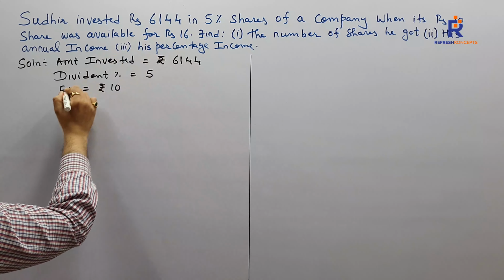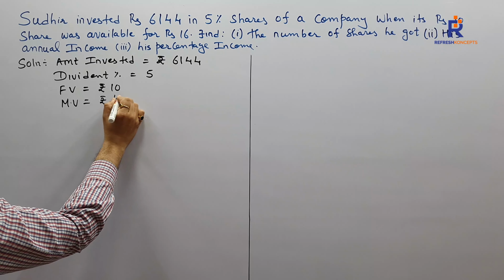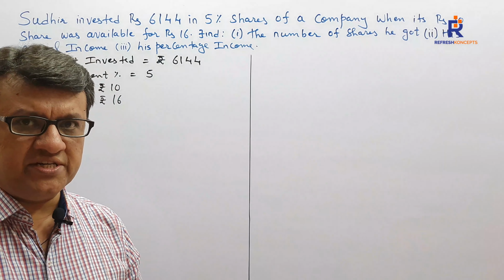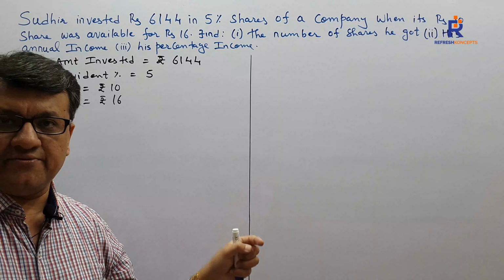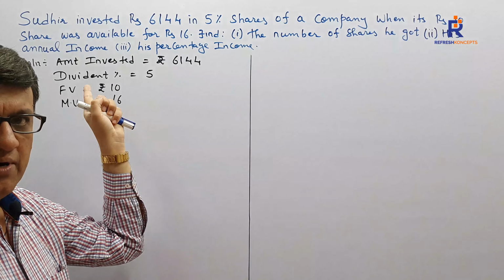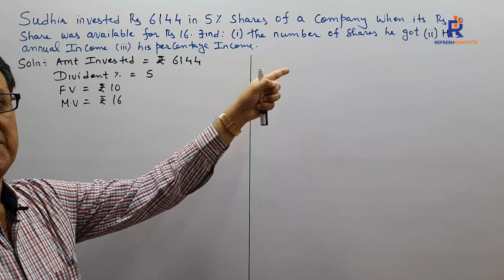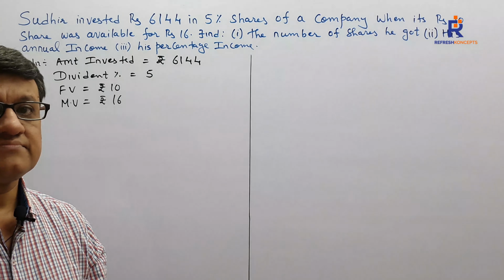Was available for rupees 16, so market value is rupees 16. Are you getting me, children? This is how we try to gauge what the language is trying to say. 6144 is the amount invested. Rate of dividend is 5%. Face value is 10. Market value is 16. Find the number of shares he got.